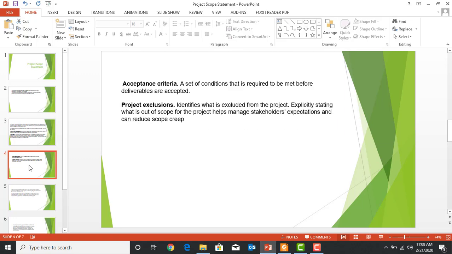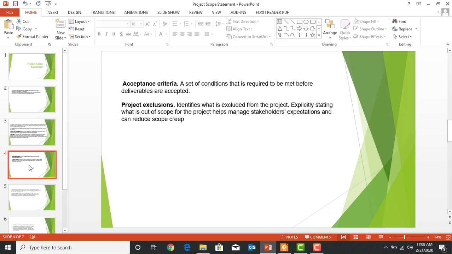Next is acceptance criteria. Our project scope statement also includes acceptance criteria, which are the set of conditions that are required to be met before deliverables are accepted. And then we also have project exclusions. Anything that is excluded from the project, because we want to make sure that we are not working on things which are not part of the project.